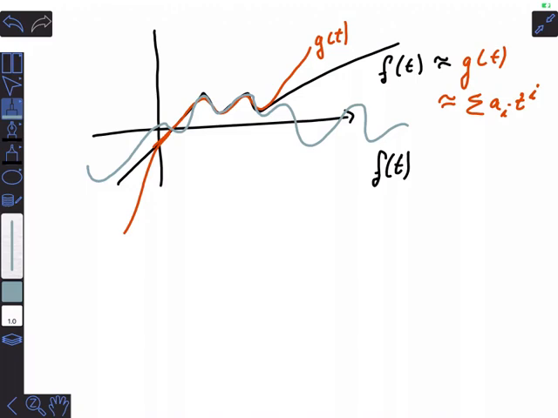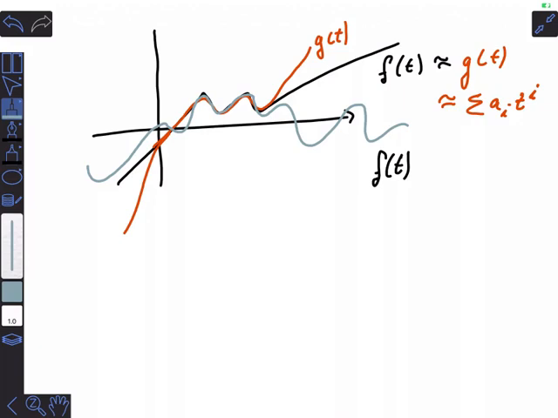So t to the 0 is like a constant, t to the 1 is a linear function, t to the 2 is a quadratic, and so on. We add those together with coefficients to get this approximation. And the Taylor series specifically is one answer to the question of how I choose each one of the a's.